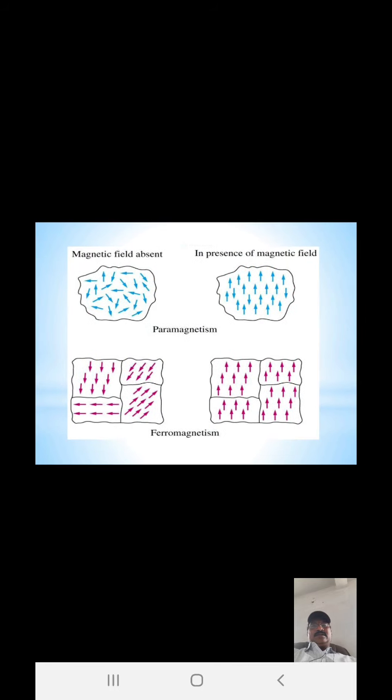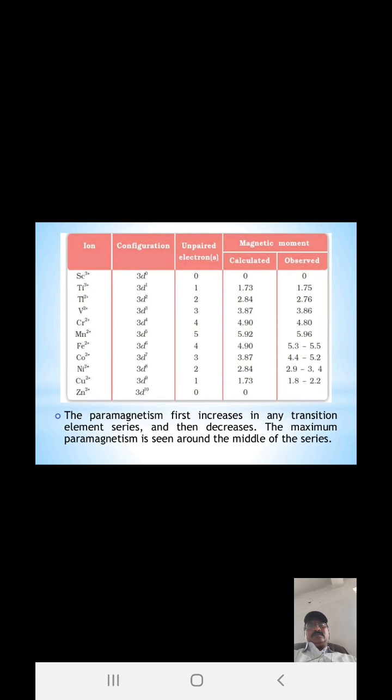See here, in magnetic field absence, in presence of magnetic field, this is paramagnetic. Ferromagnetic, how they are converted in presence of a magnetic field, observe here carefully. And here he calculated the magnetic moment by using the formula √(n(n+1)).